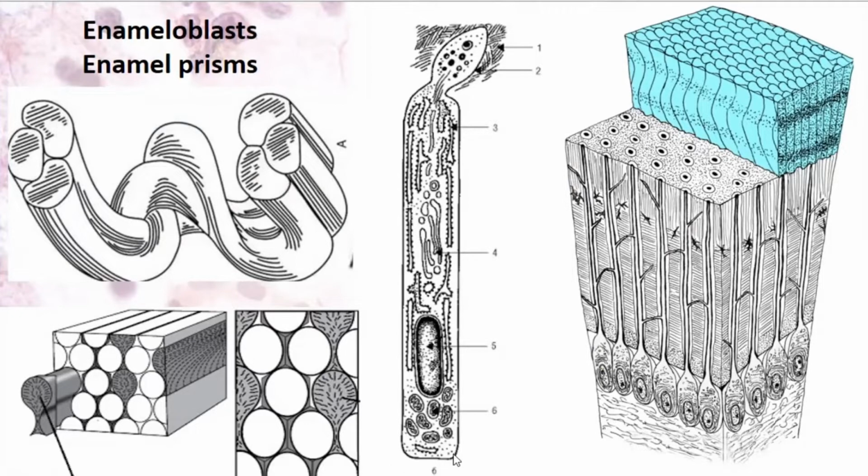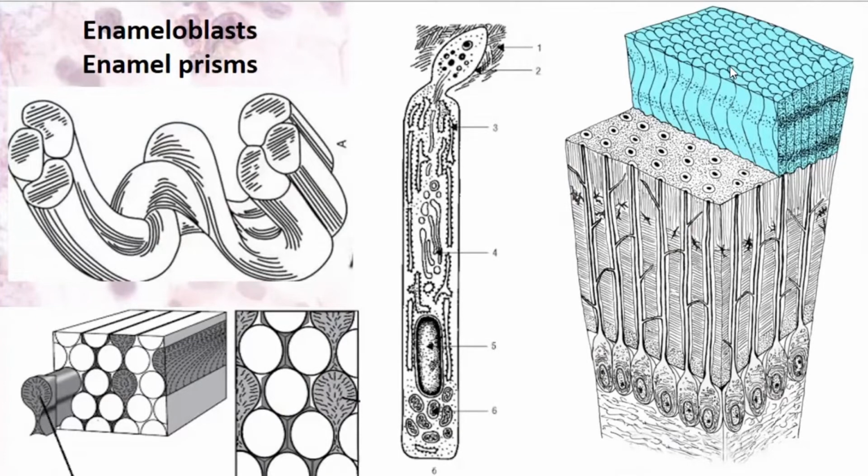Those prisms are produced during the embryonic period, during odontogenesis. Enameloblasts form prisms. Each prism is a path of the enameloblast. So each enameloblast, or ameloblast, produces its own prism, and it has a wavy, S-like direction in the enamel.